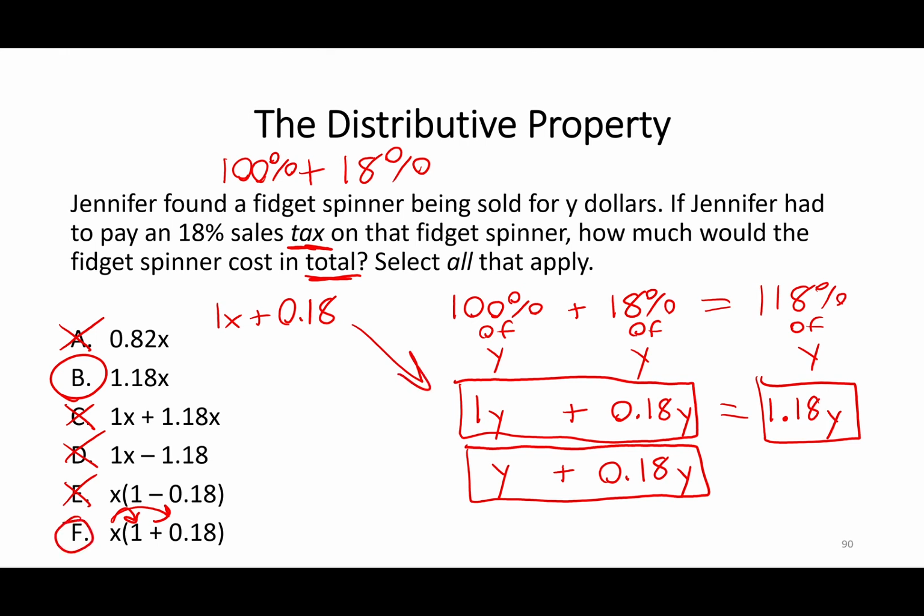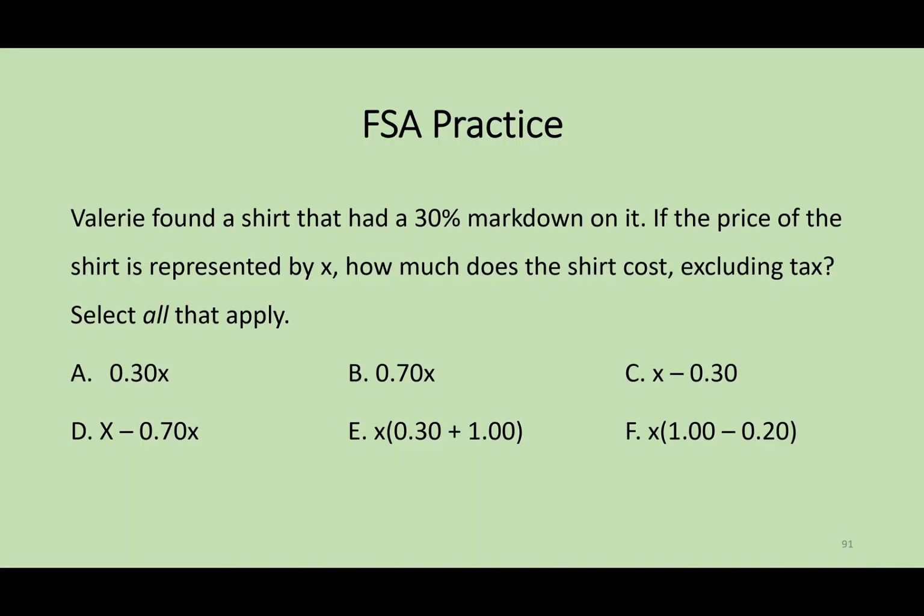This is the last question coming up, I promise. This is your FSA question. Boom! Valerie had a shirt with a 30% markdown. Markdown automatically, you already know, 100% minus 30%. Perfect.